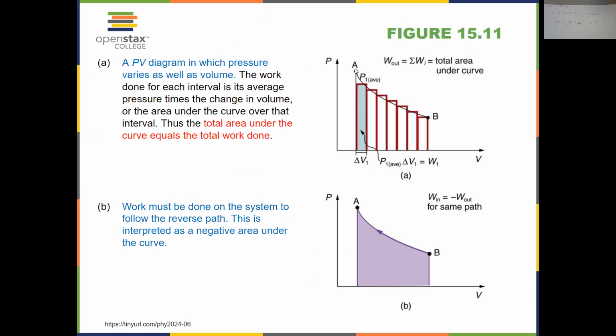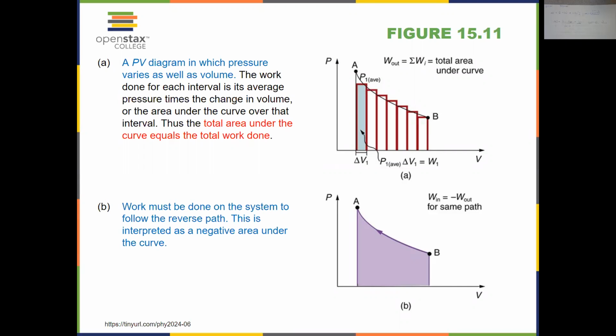So in general, if you go from A to B under a PV diagram, okay, you might have a change in pressure, all right? But you can divide that process into very small pieces of rectangular shape, small processes, right? That will give you a pretty good approximation of the work done by the gas, okay? If you have learned calculus, you realize this is how calculus is done.